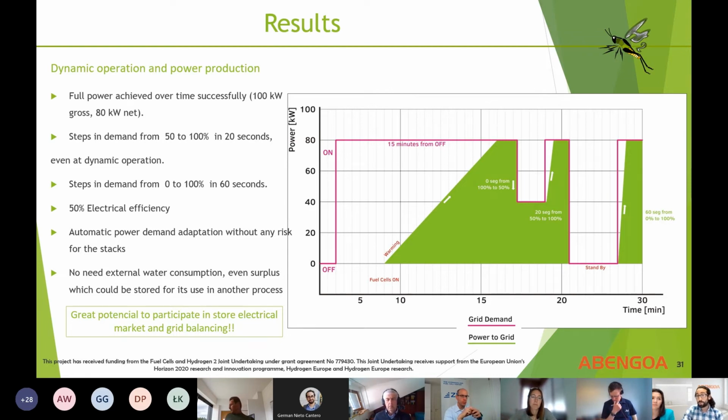This will allow the plant to participate in the manual frequency restoration reserve that we have been talking about before. So it shows great potential for it, and we cannot wait to put the plant in the Netherlands to actually have it running.